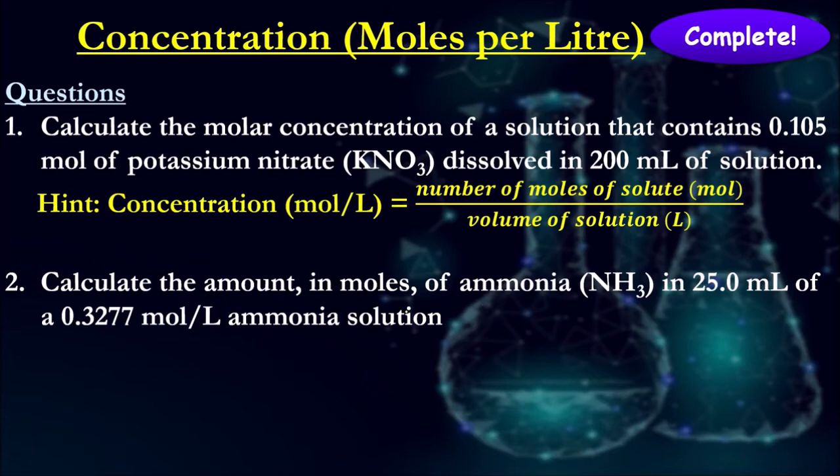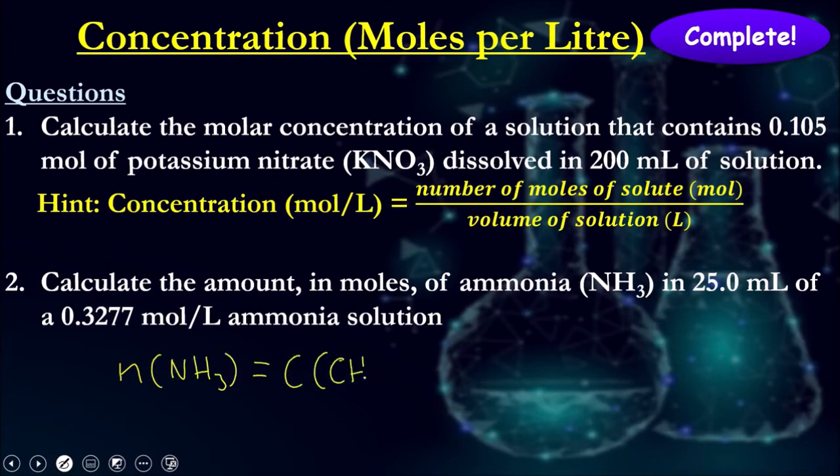So calculate the amount in moles of the concentration. So I know that the number of moles of ammonia would be equal to the concentration of NH3 times the volume of NH3. Okay?